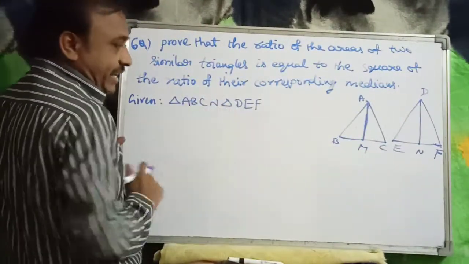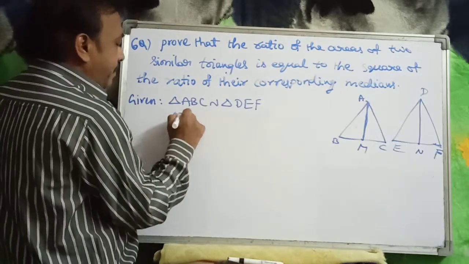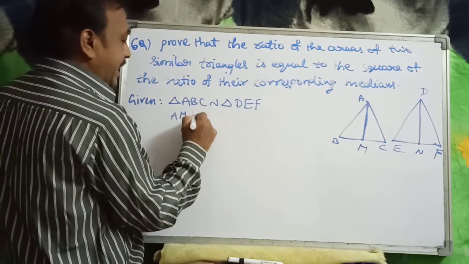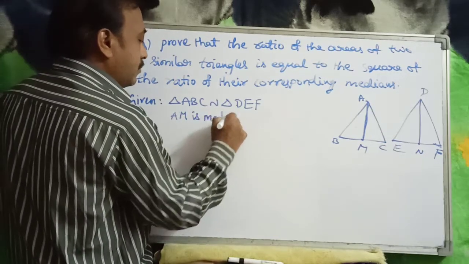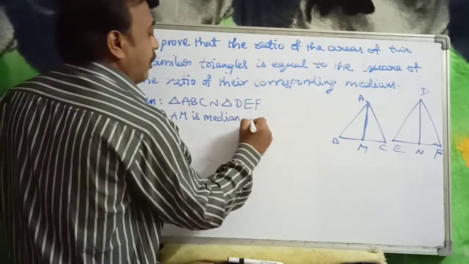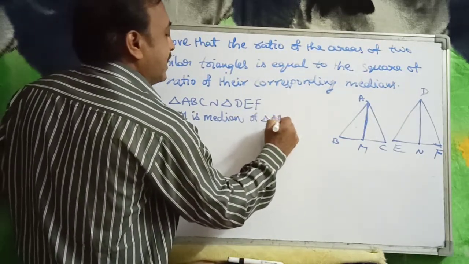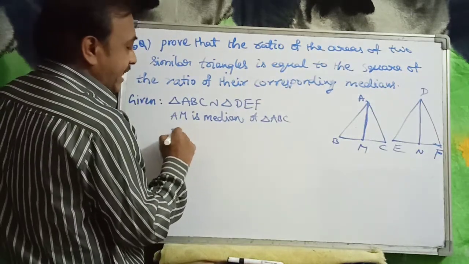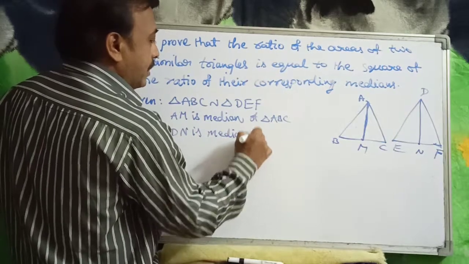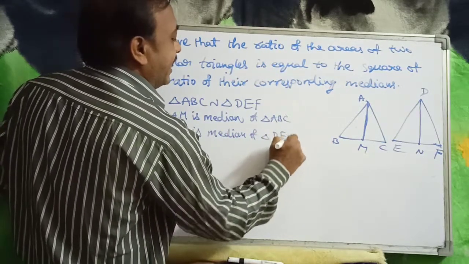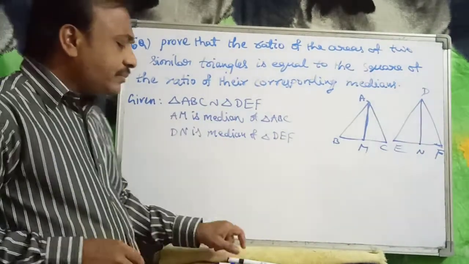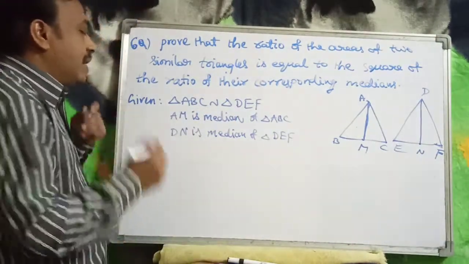ABC is similar to DEF, and AM is the median of triangle ABC and DN is the median of triangle DEF. As we know, ABC is similar to DEF. This is given.